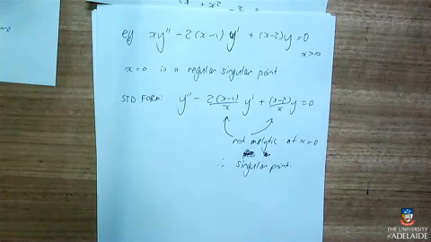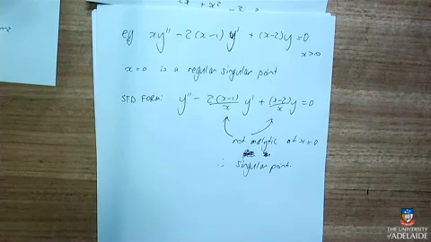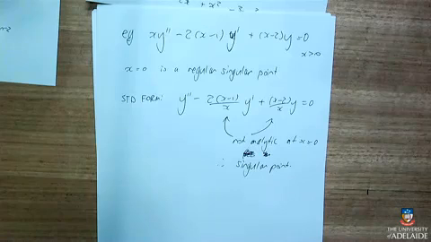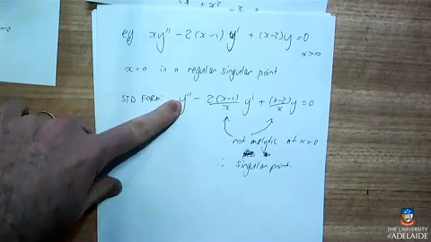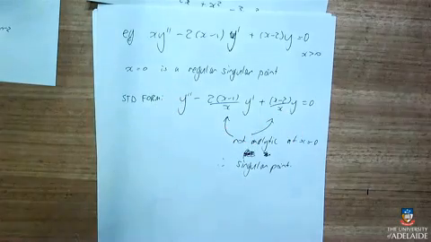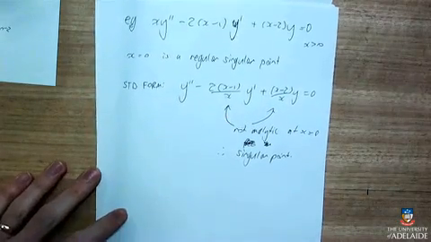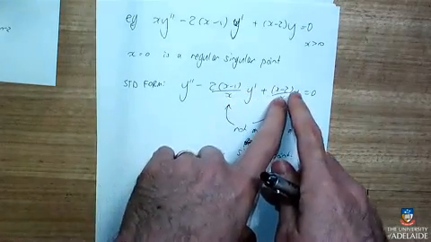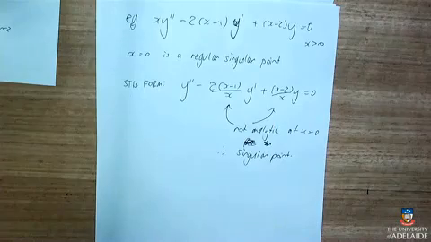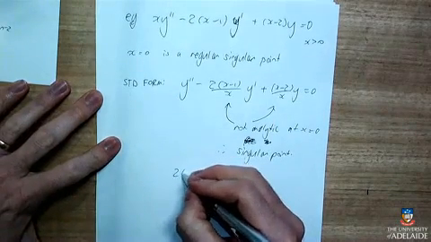So to know if it's a regular singular point, if you multiply one of them by x and the other one by x squared, and I can't remember which one is which. Does anyone know off the top of their head? Second one's x squared? Okay, cool. That makes sort of sense. We sort of multiply this one by nothing and this one by x and this one by x squared. That sort of works. So if you multiply the derivative one by x and the non-derivative one by x squared, and it comes out to be analytic, then you're good. So let's have a look at this.